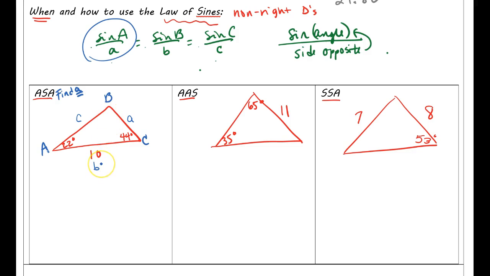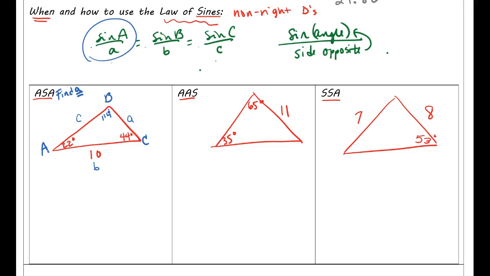And I know you're thinking, no you don't, that one is not labeled. But guys, you do know that angle, right? Because how many degrees are in a triangle? There's 180 degrees in a triangle, and they gave you 2 of them already. So what I would do is start by taking 180 and subtracting 22 and subtracting 44, and I know that this is 114.